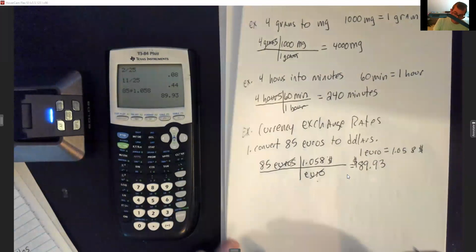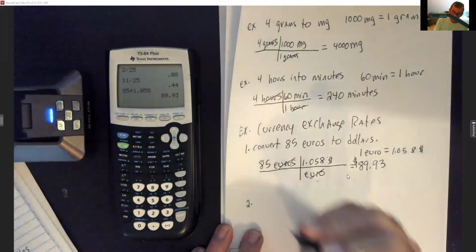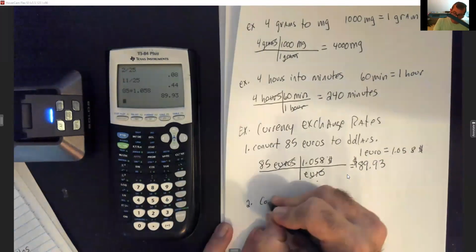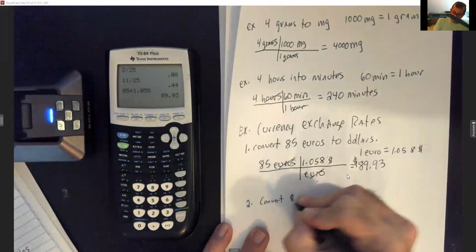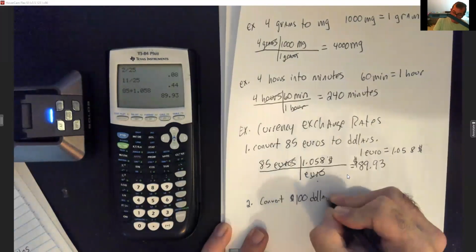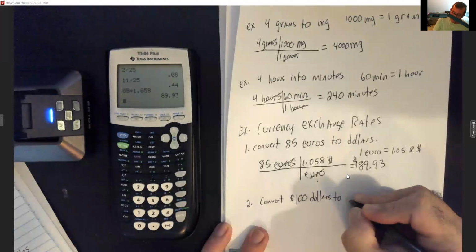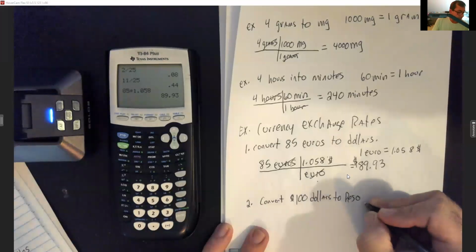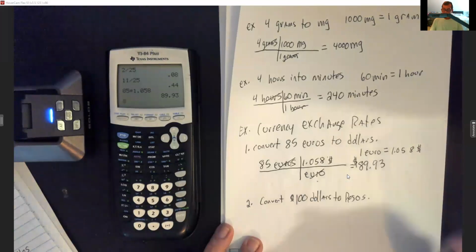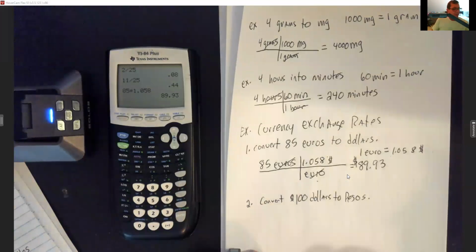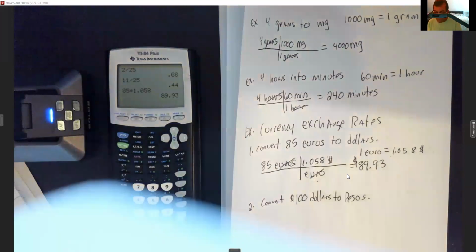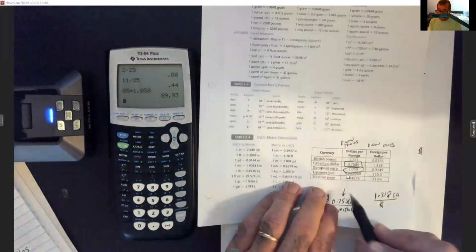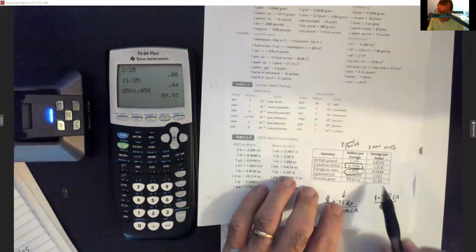All right, so watch this next one. We'll mess with the pesos now. We're going to convert $100 to Mexican pesos. All right, we're going to put my chart right here. It is. So let's see. For the peso, we want our dollars, which we know our amount.